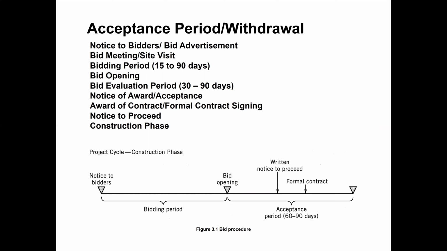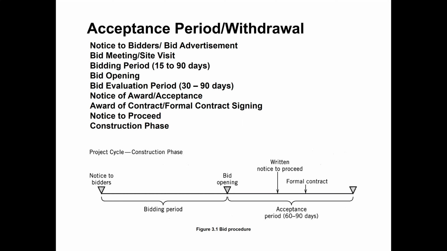It's like, for the people who have submitted their bid, if they want to withdraw their bid, they should do that. We will start with a couple of small definitions, like notice to bidders or bid advertisement.